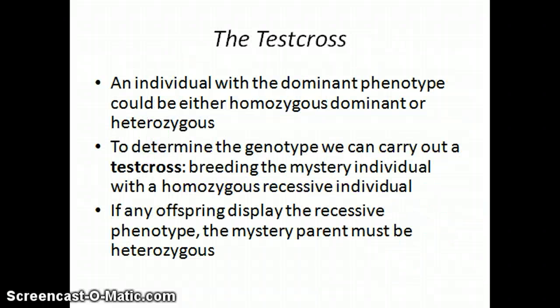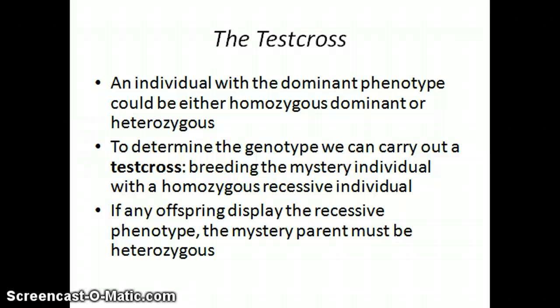But what we really want to look at, and what that last slide was going to lead into, is what a test cross is. So when we have a flower, we don't know if that flower is true breeding, if it's homozygous, when it is showing the dominant trait.